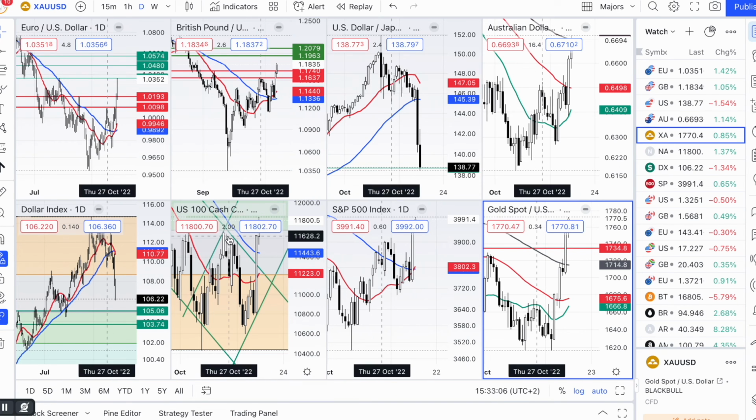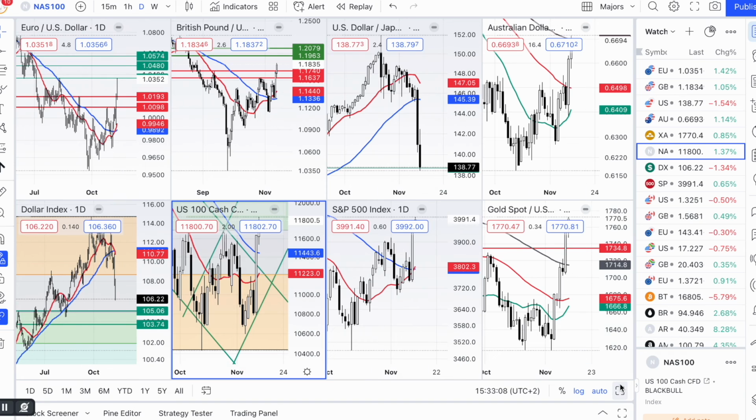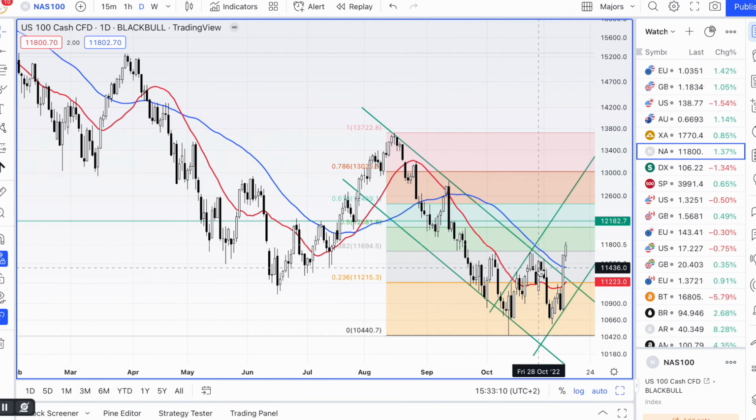For those of you trading NASDAQ, I've got some areas to target right up here. You can see these Fibonacci levels. Have a look at those levels on your chart. But at about 12,000 to 12,200, if you're long, I'd be exiting there, maybe looking for shorts. And then I'd be looking to buy dips down into any of these levels below us.